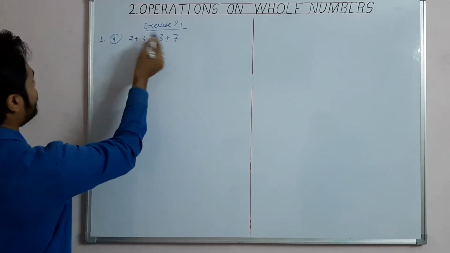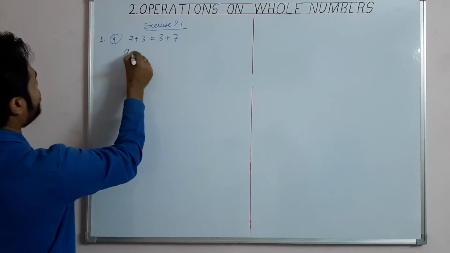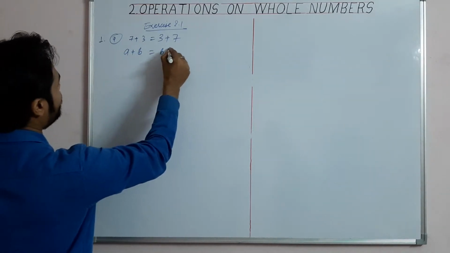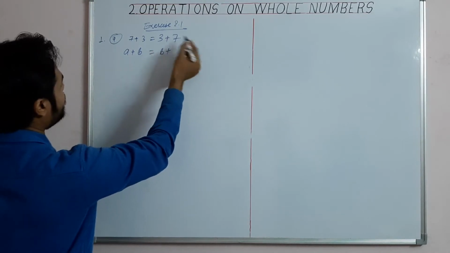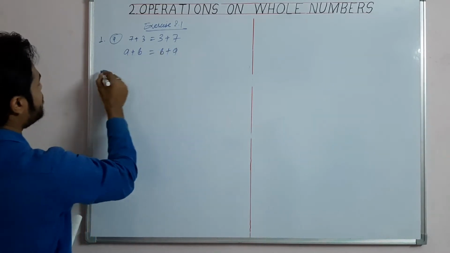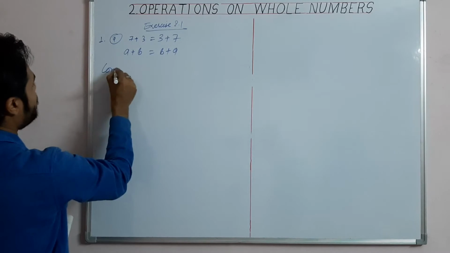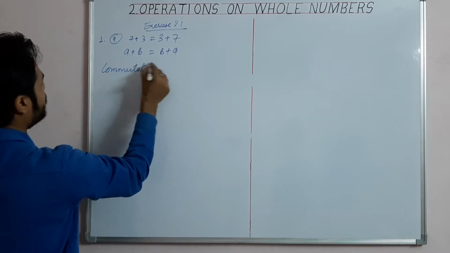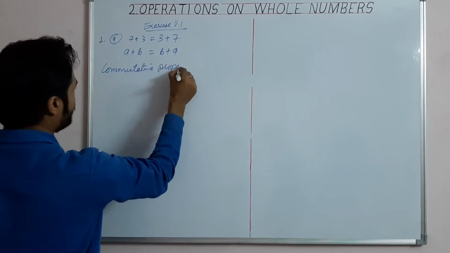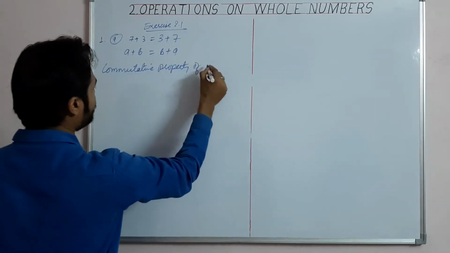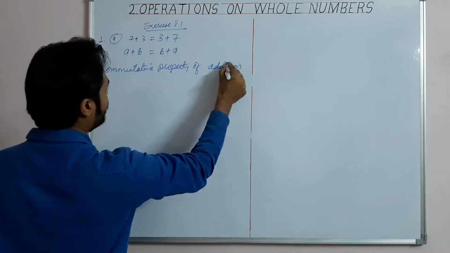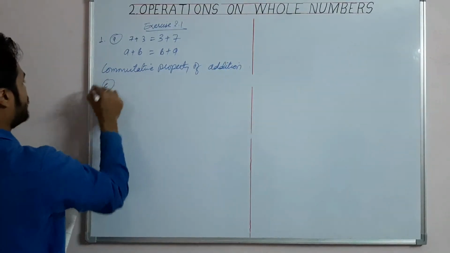Now see, here 7 and 3 are in the form of a and b, so it looks like a plus b and here b plus a. So which property is this? This is the commutative property for addition.